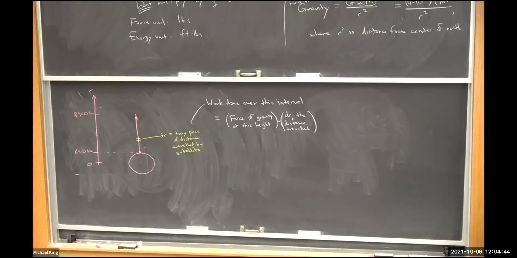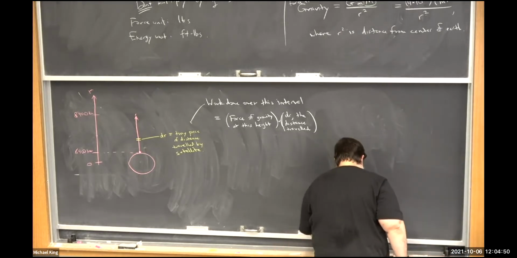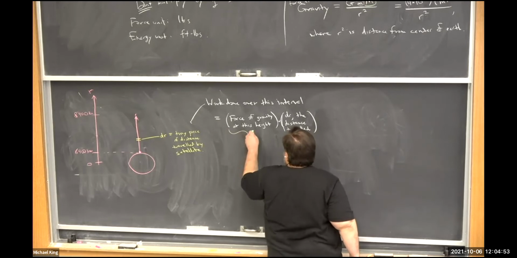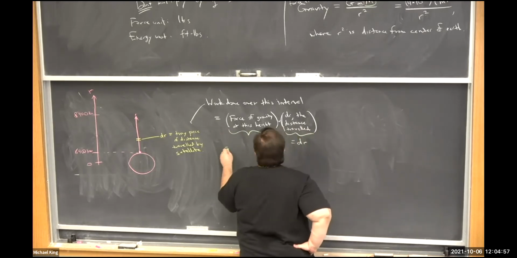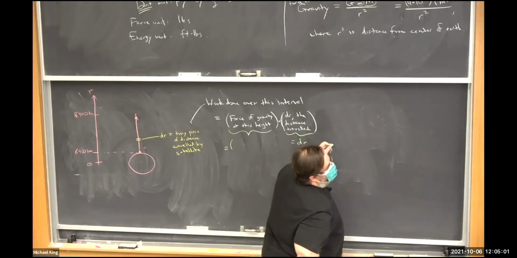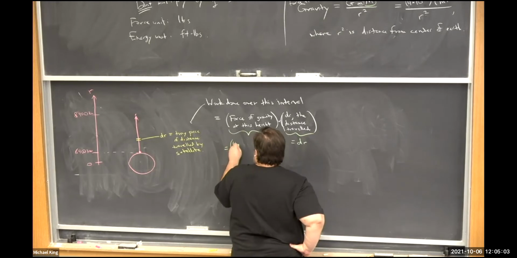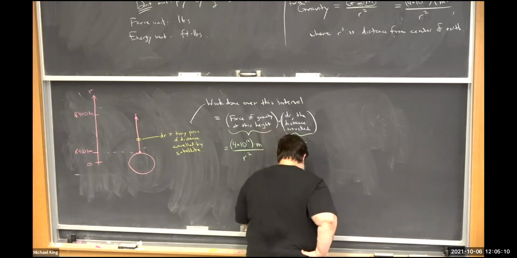And little m here is 1,000 kilograms, right? So this is dr. I'm forgetting this number, 4 times 10 to the 14th, times m over r squared, but m is 1,000 kilograms.